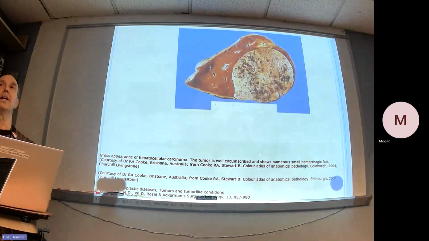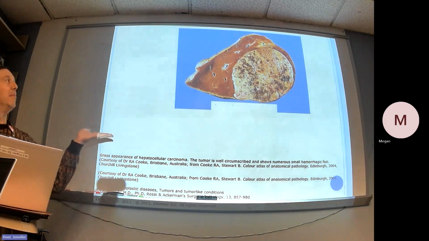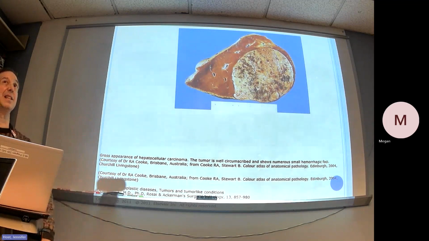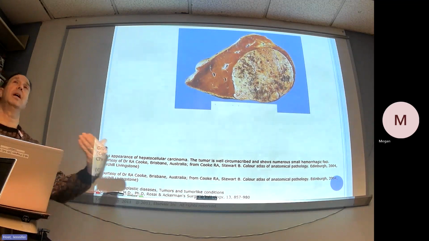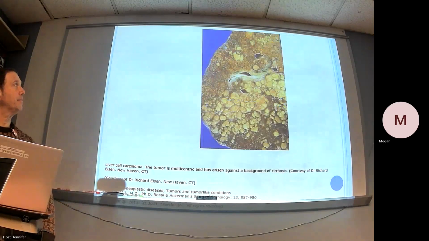Here's the thing you don't want to get, which is a hepatocellular carcinoma. People who have hepatitis have to be worked up with their cirrhosis before they get a liver transplant, because you don't want them having this. The chances of this going to another part of the body by metastasis is huge, and then putting in a new liver when they have a metastasis already doesn't save their life.